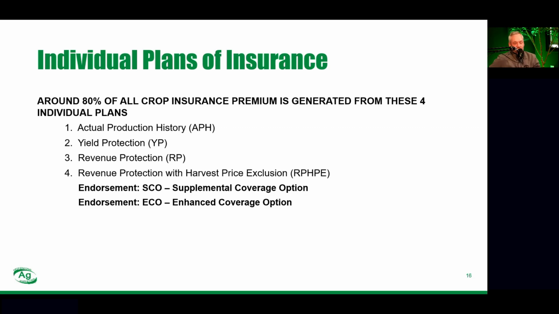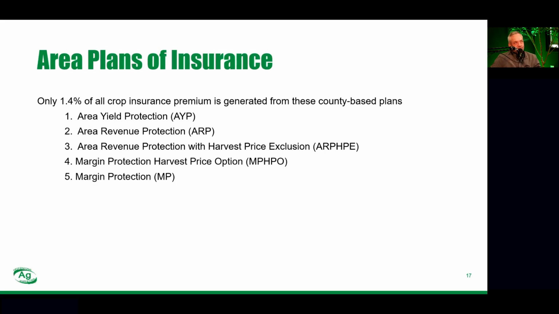These coverages sit on top of our individual coverage and are county-based, but can be awesome ways to increase your coverage level. I'm not going to spend a lot of time on them here, but if you have questions on how to use SCO or ECO on your farm or how it may benefit you, I would encourage you to reach out and we can discuss it for your operation.